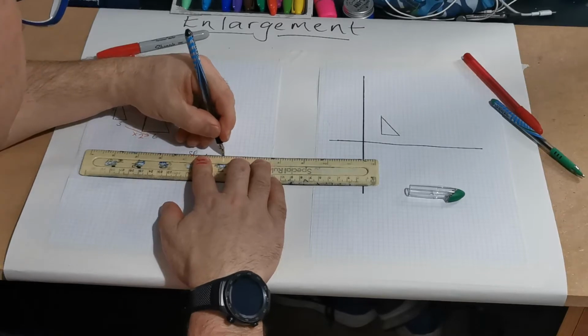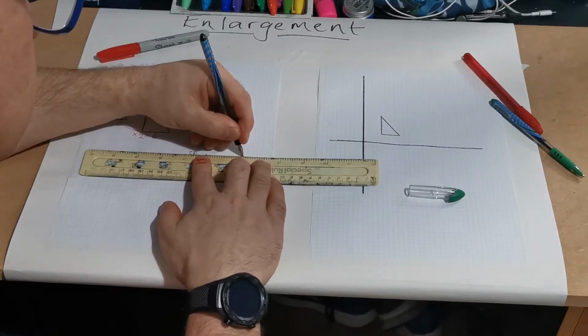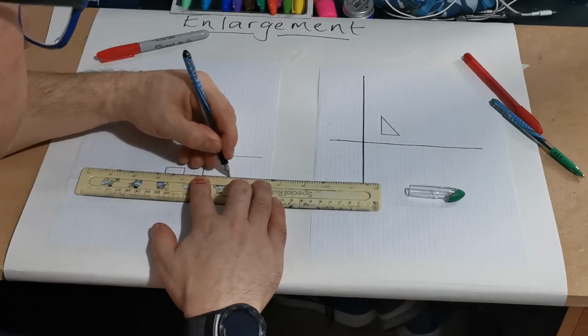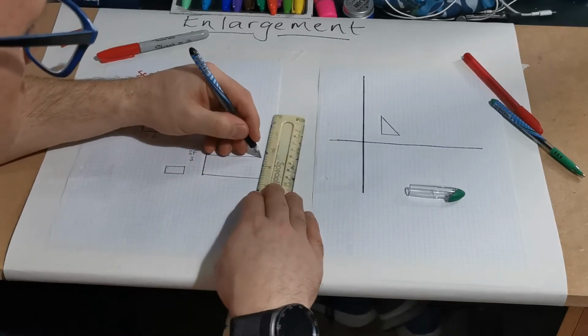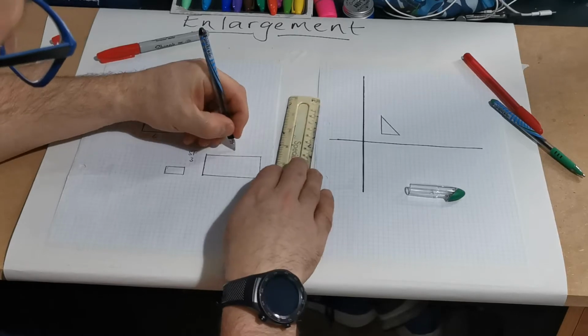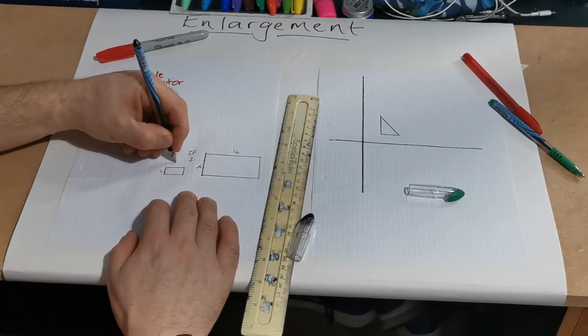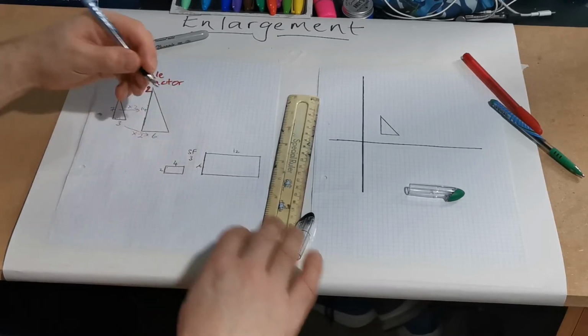So 2, 4, 6, 8, 10, 12. So that's 12, and that's 6, and that's 2, and 4.